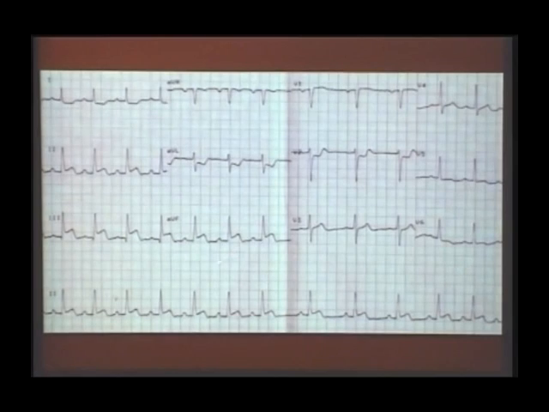For example, in this ECG, the ST elevation is there in inferior leads, meaning the ST vector is coming towards inferior leads. That's why ST elevation is there. When it is coming towards inferior leads, it is going away from which leads? What is the opposite of inferior leads? L1, AVL, your superior leads.